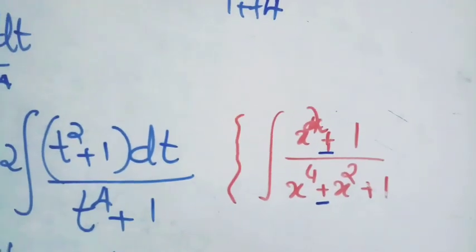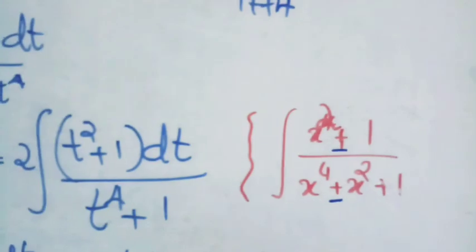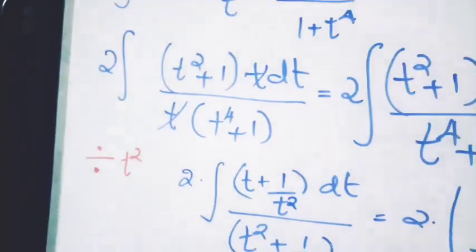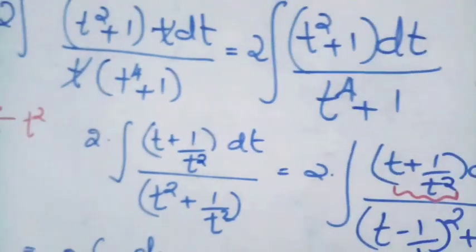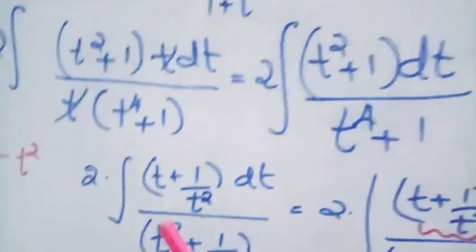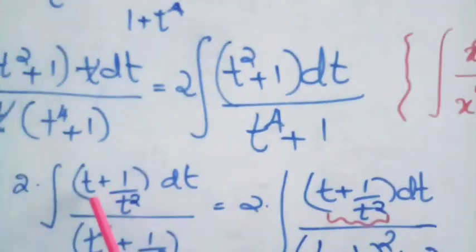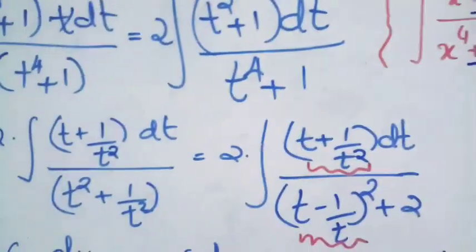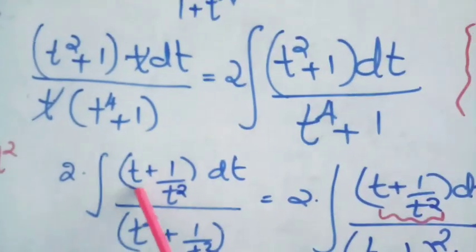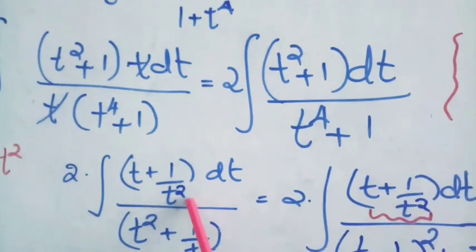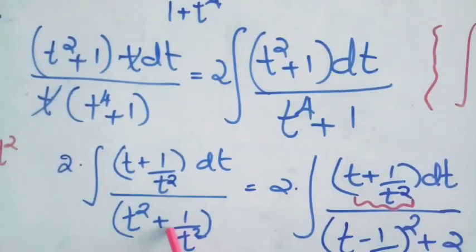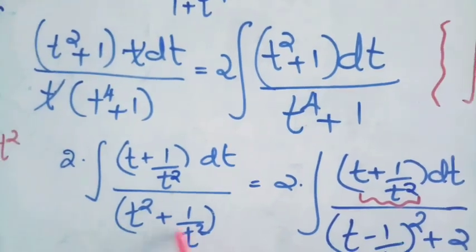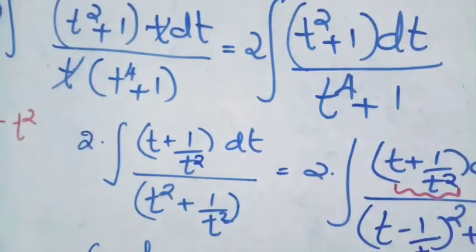To integrate this one, you divide numerator and denominator by t square. This is the strategy for integrating this one. So the expression becomes 1 plus 1 by t square dt divided by t square plus 1 by t square.